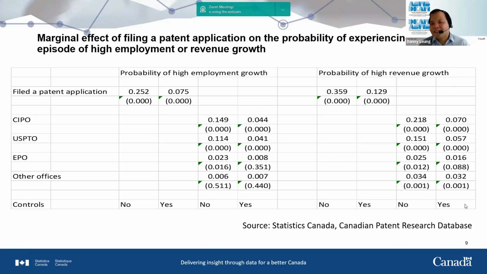I can't see it all because something is blocking, but on the probability of high revenue growth, it's a very similar story: the impact of CIPO and USPTO on the probability of experiencing a period of high revenue growth.